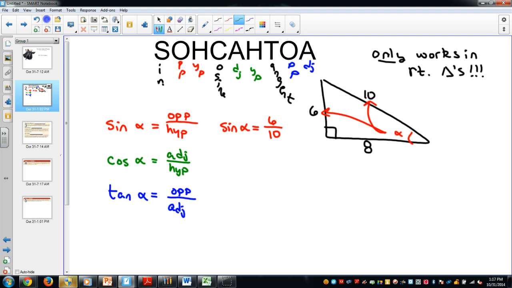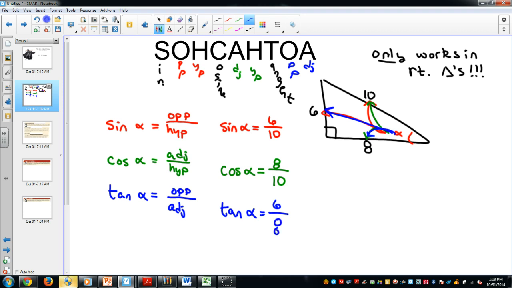And then you go to the cosine. So if we went cosine of our angle alpha, the cosine is the adjacent, so that's the one right next to it, 8 over the hypotenuse, 10. The tangent of alpha would be the opposite, which would be 6, over the adjacent, which would be 8.